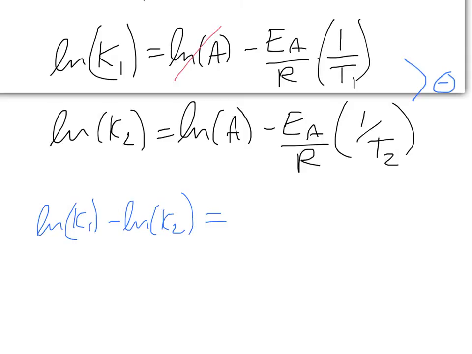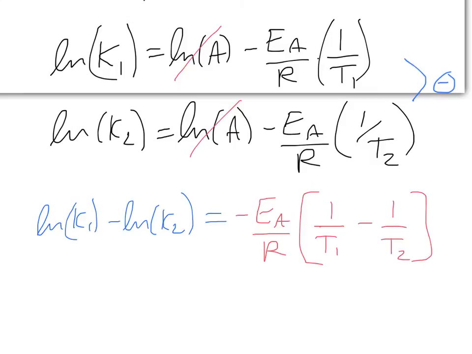Well, these terms have canceled out. And so we've got minus EA over R, and we're subtracting 1 and 2, and so we're going to have 1 over T1 minus 1 over T2 here. So I've just factored out the minus EA over R term.